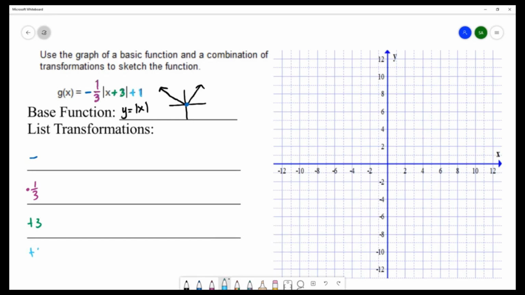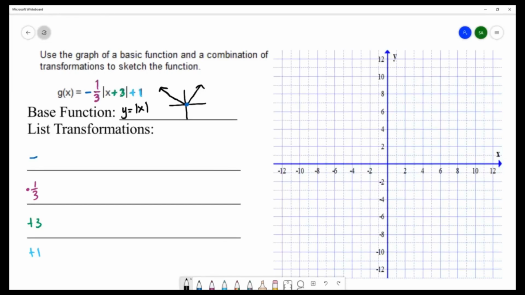Each one of these operations indicates a different transformation that occurs to the graph. Transformation meaning a change. So we're going to start with this V-shaped graph, and then we'll have changes or transformations based on what operations we see here.